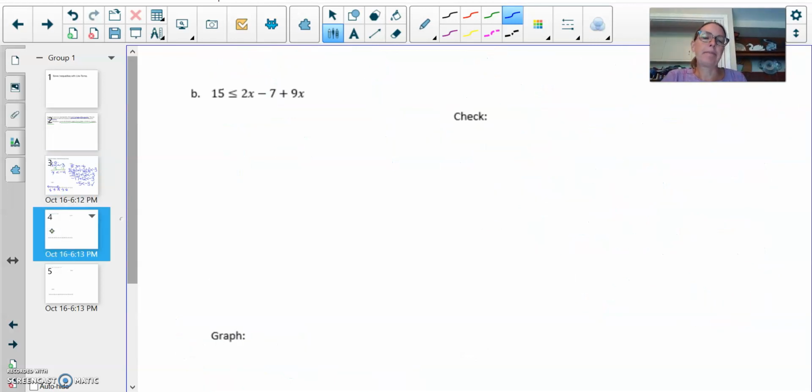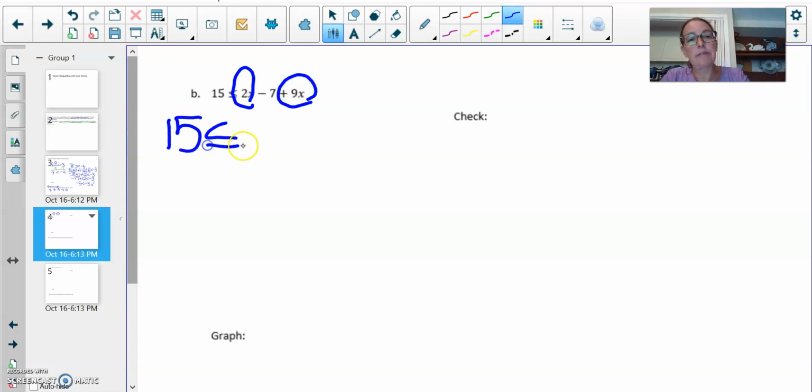Another example. 15 is less than or equal to 2x minus 7 plus 9x. So I'm going to start by combining 2x plus 9x. That gives me 11x. So I get 15 is less than or equal to 11x minus 7. Now I do my inverse, add 7 to each side.